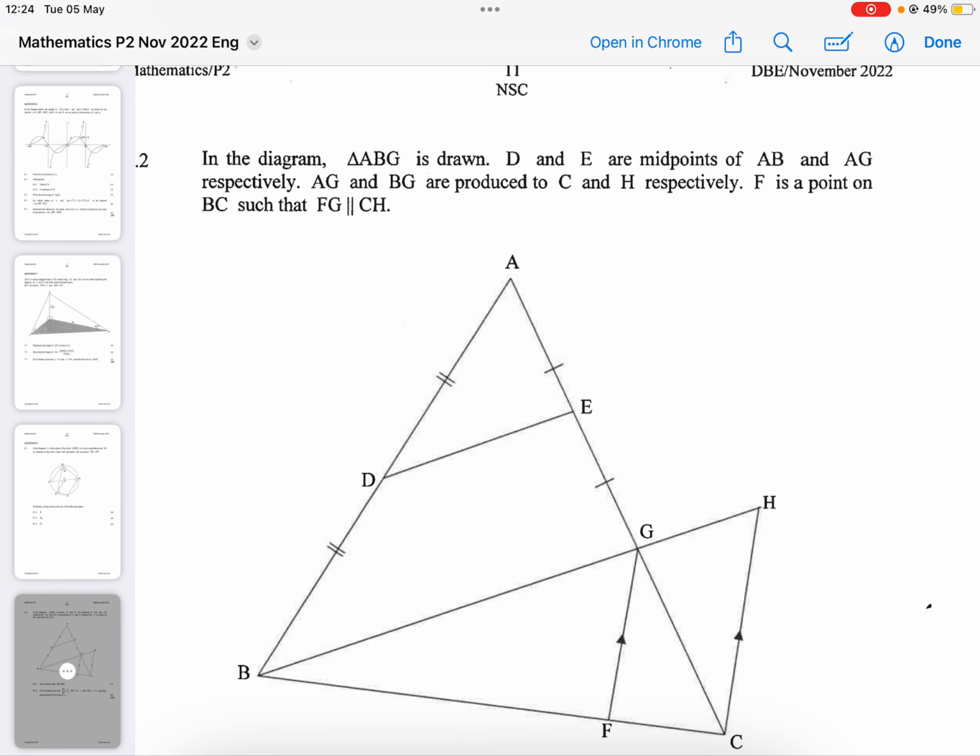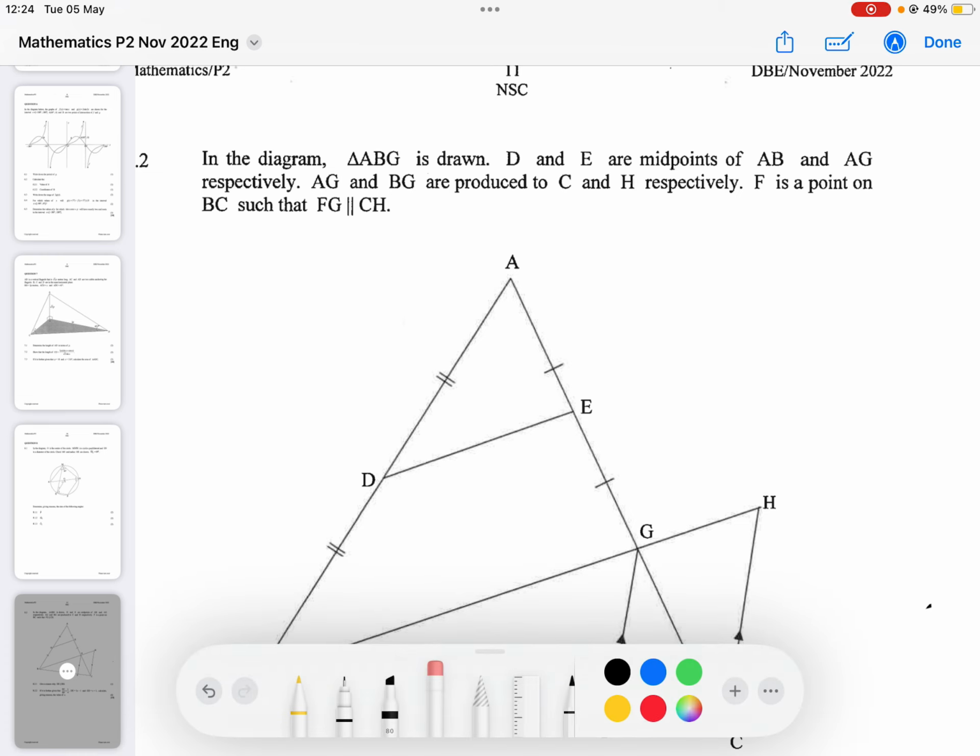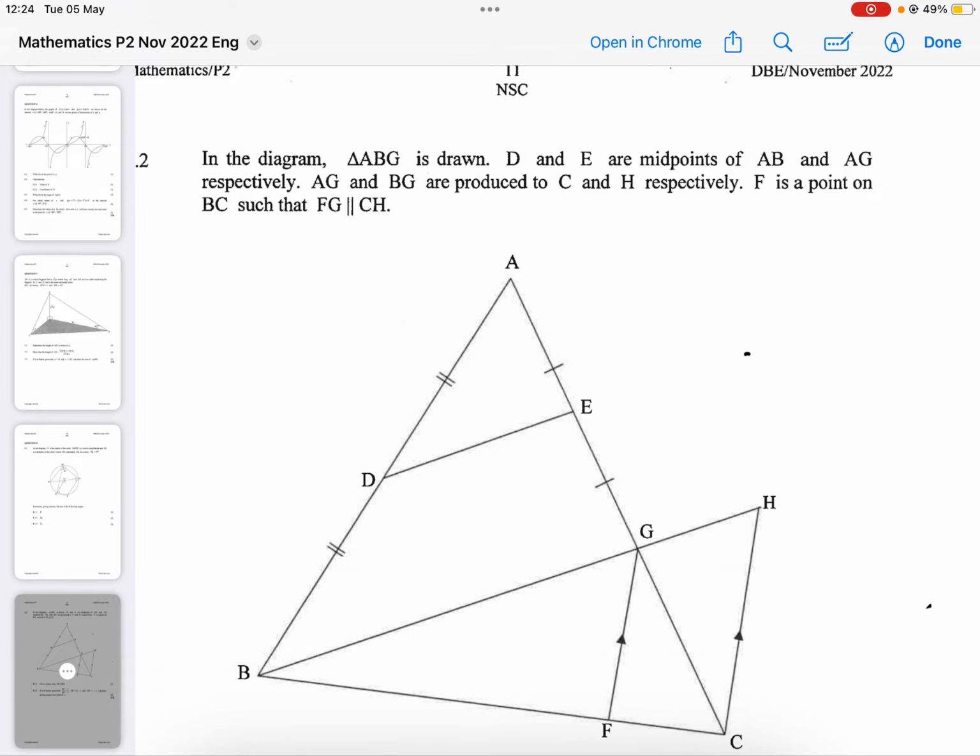The information says that we have a triangle ABG drawn, and D and E are there. They say D and E are midpoints of what? Of AB and AG respectively.